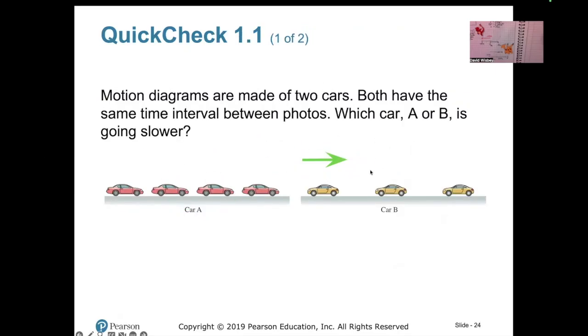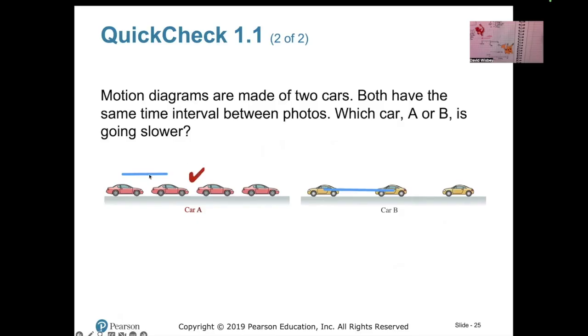Here's my car. Motion diagrams are made of two cars, both with the same interval between photos. Which car, A or B, is going slower? Well, on the left here, we can measure this. Here is my line. And then over here, the distance between those two cars is a lot higher.